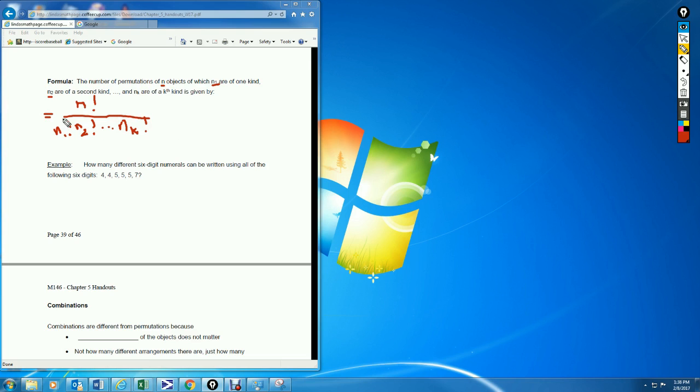Sorry, just trying to draw that dividing line all the way over. All right, so that may seem a little gibberish-ish. So let me show you an example to try to explain that.